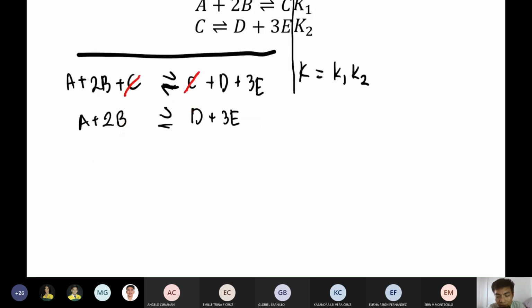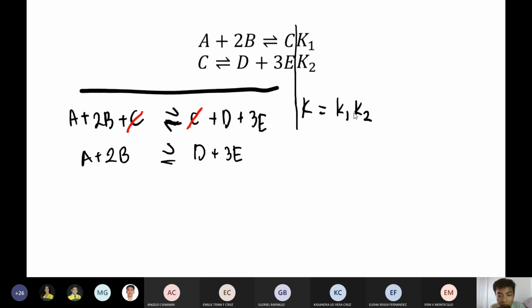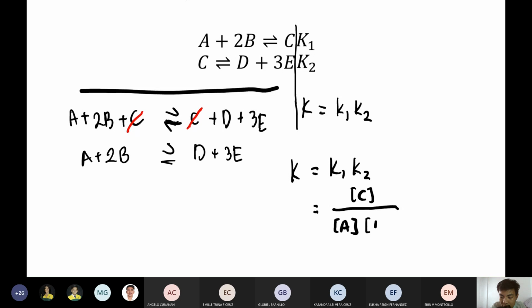Tignan natin, totoo ba yun? Dapat kung ano yung K na makuha natin, pag pinag-multiply mo to, it should represent this equation. Tignan natin. So, sabi natin K is equals to K1 times K2. Let us check. Ano yung K1? Ito yan. So, nasa numerator yung C, sa denominator yung A, and B squared. Yung K2, ano meron?